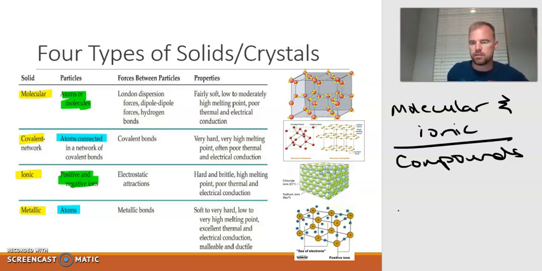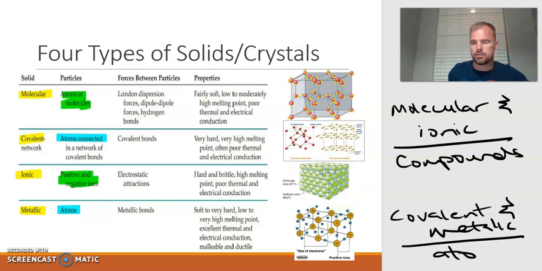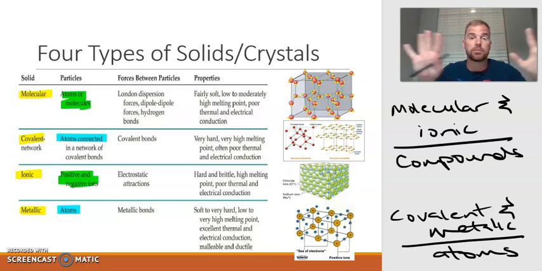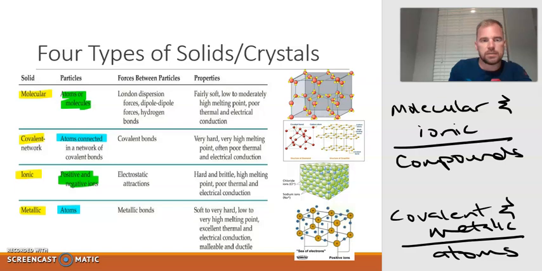Versus you've got covalent and metallic. These are essentially atoms that are held together to create a solid. And once again, I'll show you examples, but that's how you can separate those two into 2 main categories.